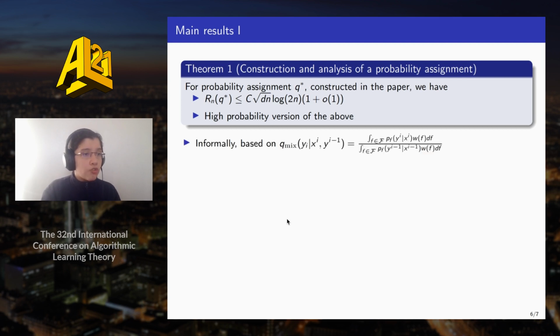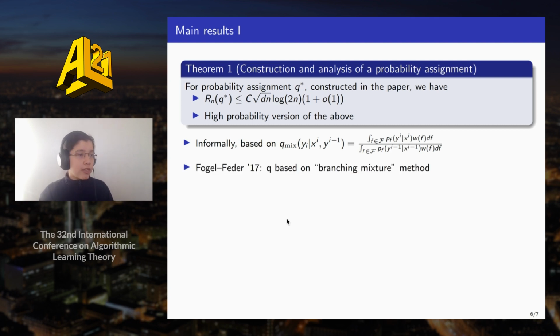So building on the mixture probability assignments from universal compression that were mentioned earlier, our upper bound is achieved by a probability assignment that's based on a mixture over the class of conditional distributions F. So roughly speaking, we're taking some sort of a Bayesian mixture over the class F with some carefully chosen prior W, and then building upon this to construct a probability assignment that ends up achieving this upper bound.